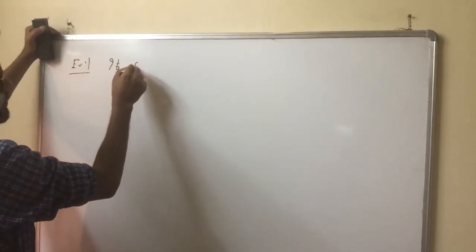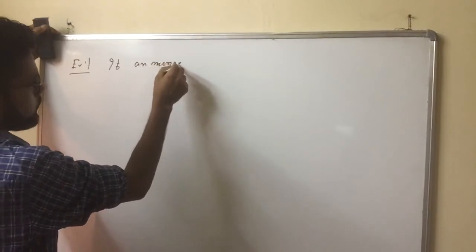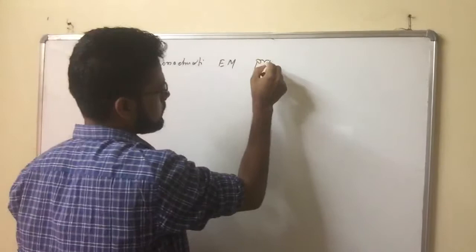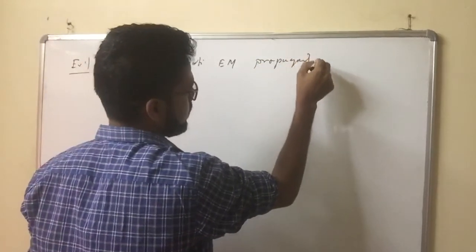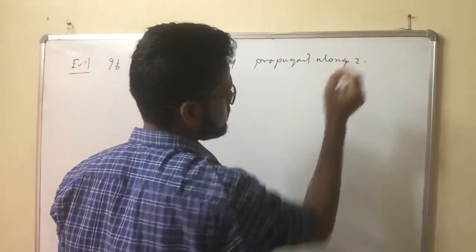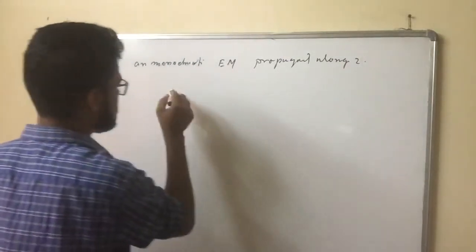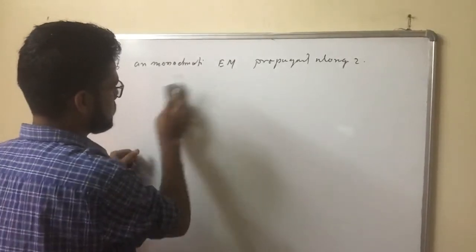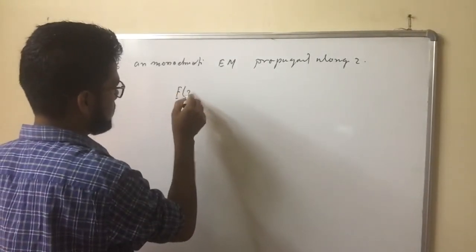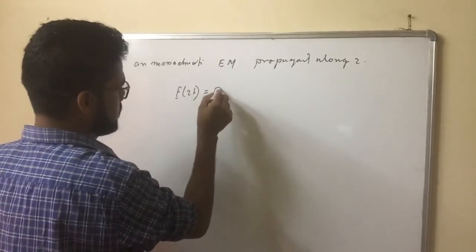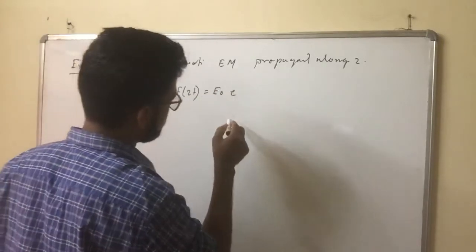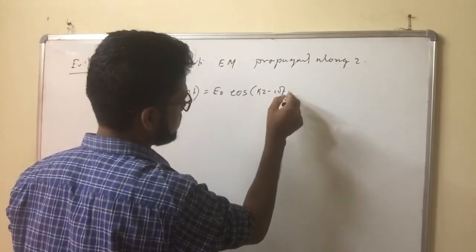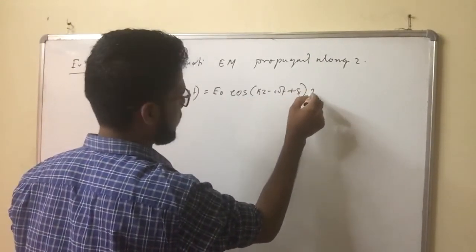If a monochromatic EM wave propagates along the z-axis, its electric field is given as E(z,t) equal to E naught cos(kz minus omega t plus delta) in the x direction.